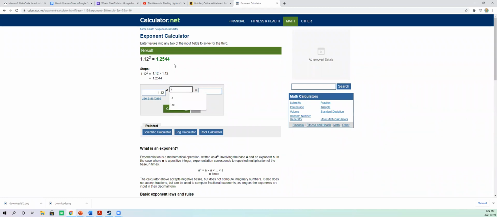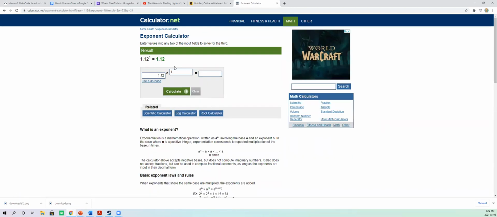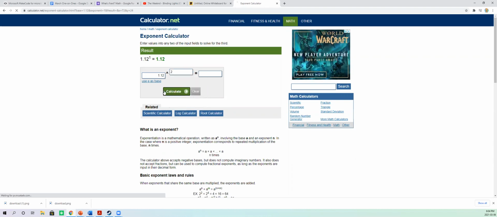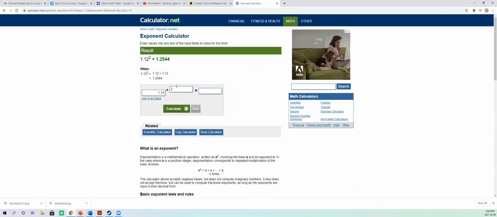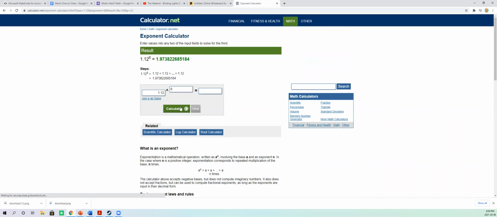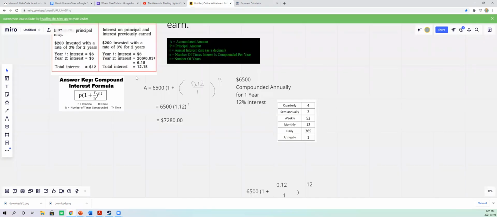And this question, because we did 2 in class, but this question is to the power of 1, and we would have it be 1.12. If you wanted it to be to the power of 2 for a different example, it would show you 1.2544. And you can type in any kind and it will tell you the right answer. Okay. So this is a great tool to have, especially when you're going into a test, and it's free.